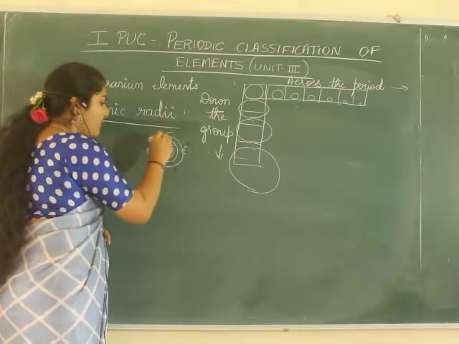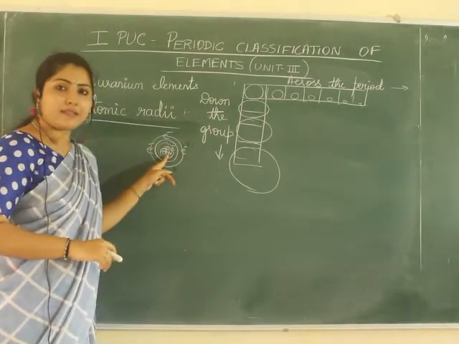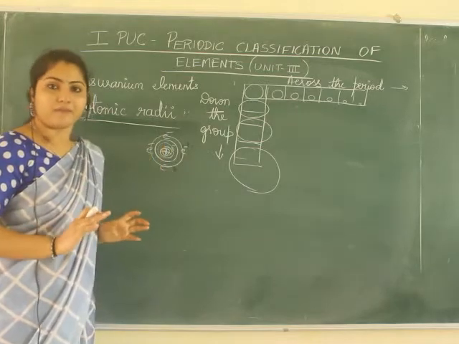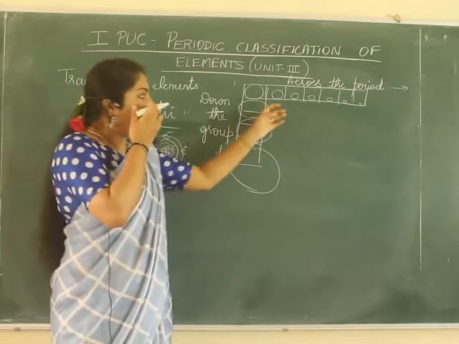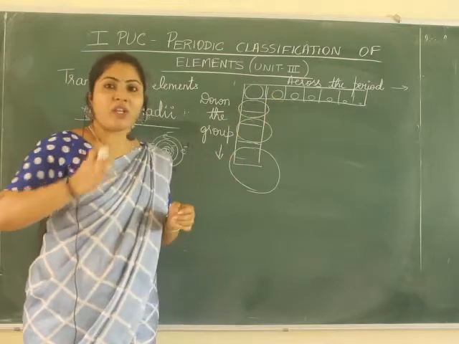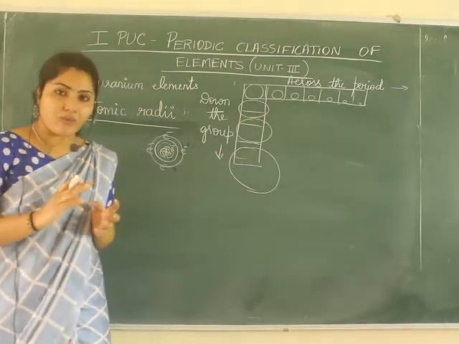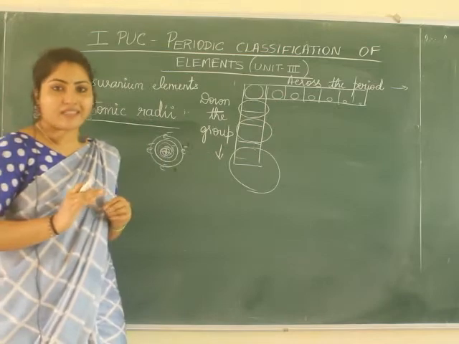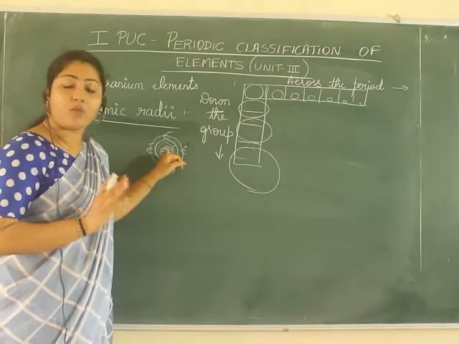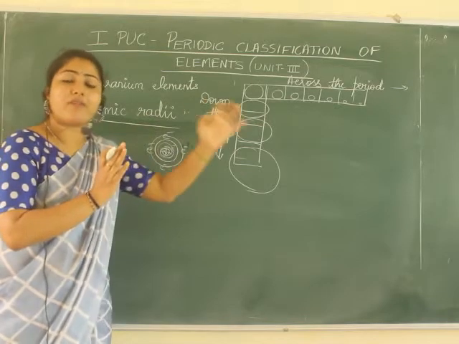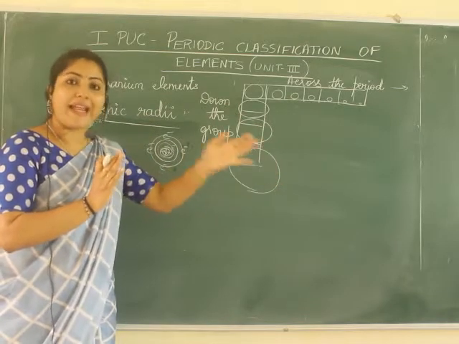Whereas what is the property of the nucleus? The nucleus is positive. Now you have a picturization, because when I'm explaining this concept, you need to really imagine how it is. Only then you can get it in a better way. So, see, this is positively charged, isn't it? What happens if one is positive and the other one is negative? They attract.